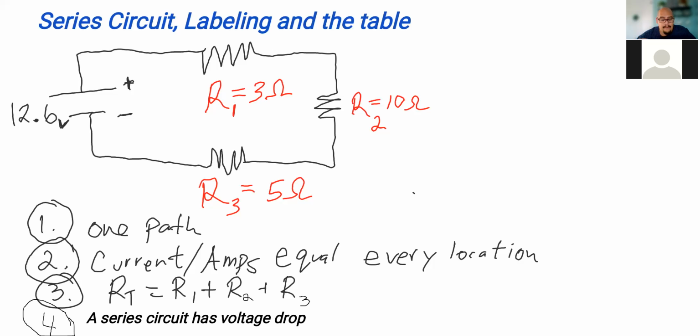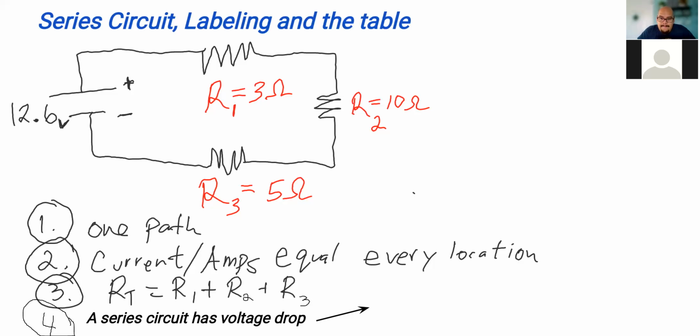Now, the voltage drop is proportional to the resistor.